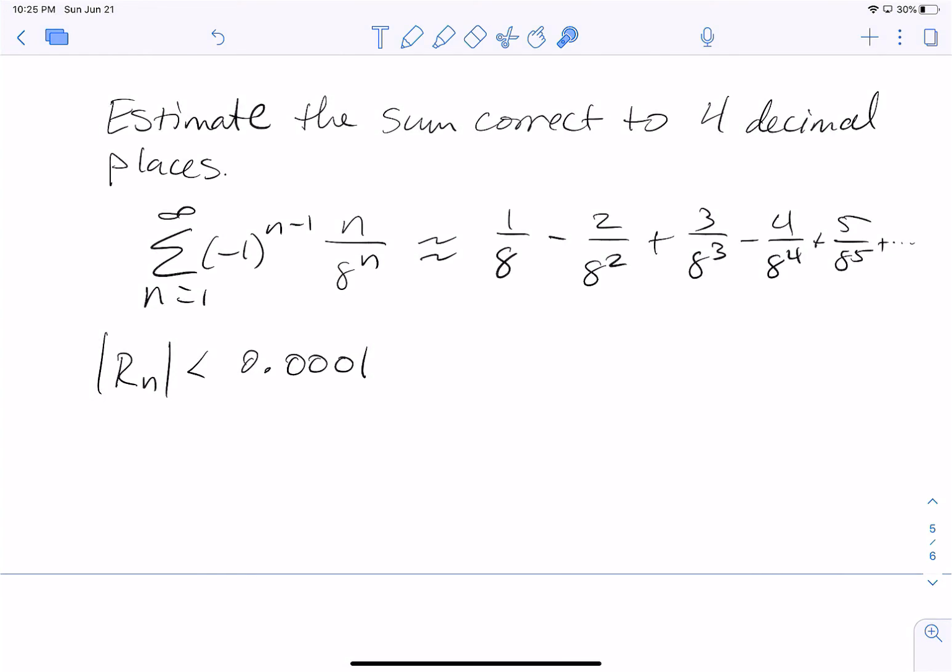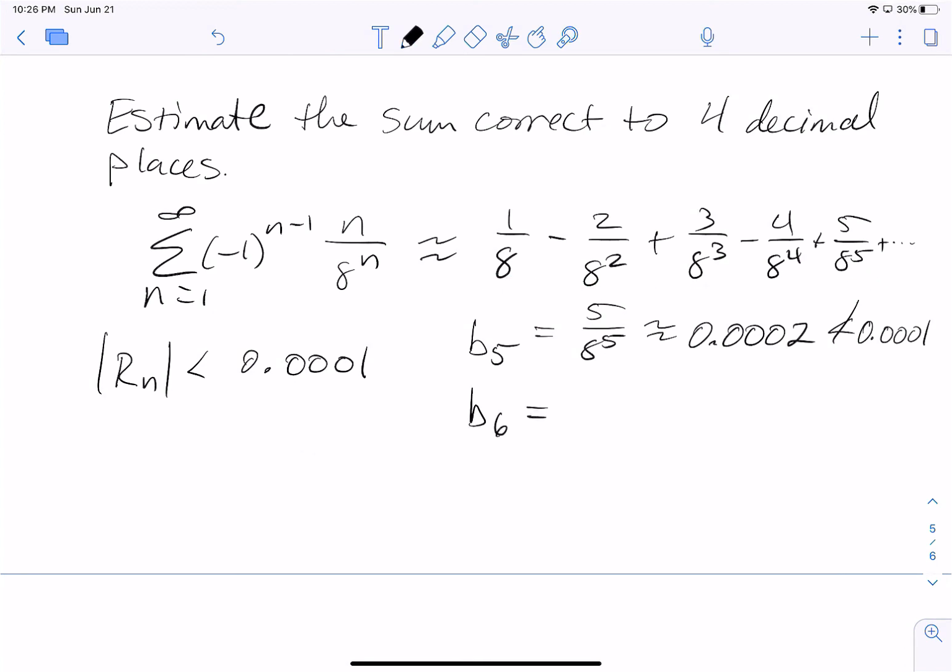Because once I know what that term is, I add all the ones up to that one, but I don't include that one. Turns out that b sub 5, which is equal to 5 over 8 to the 5th, is approximately 0.0002, which is not less than 0.0001. So we'll need at least up to 5 terms.